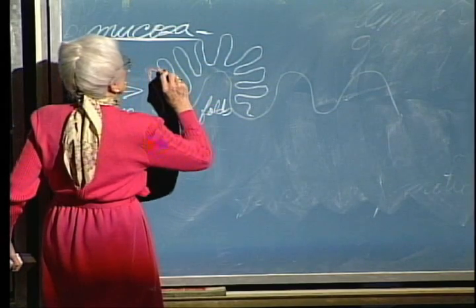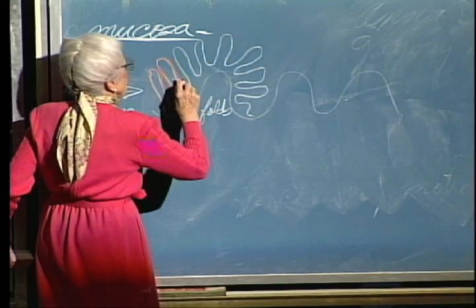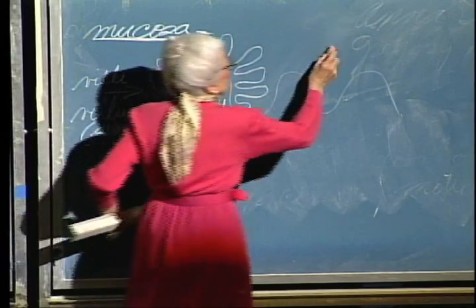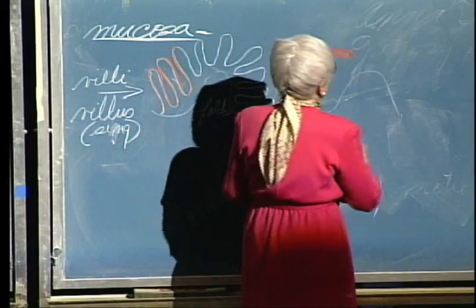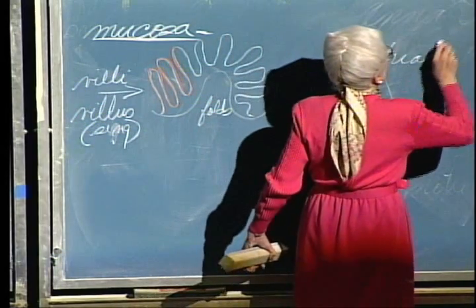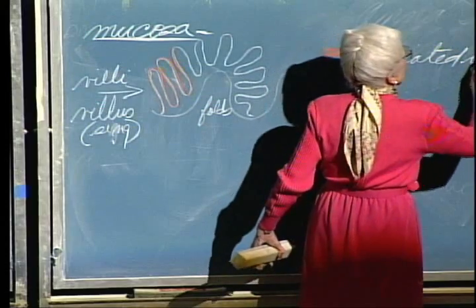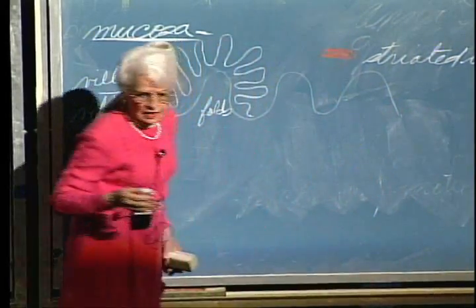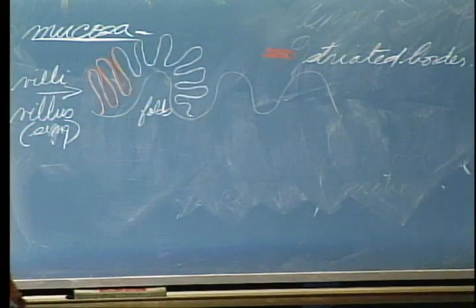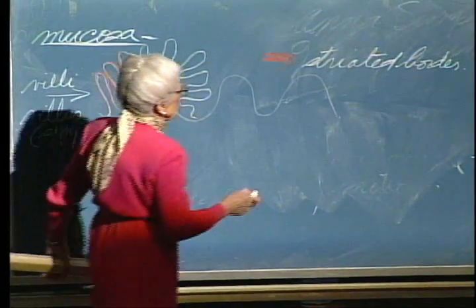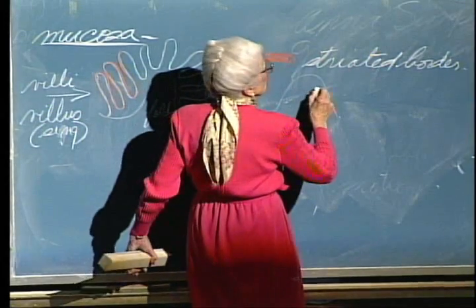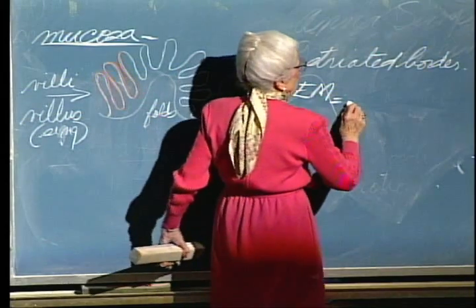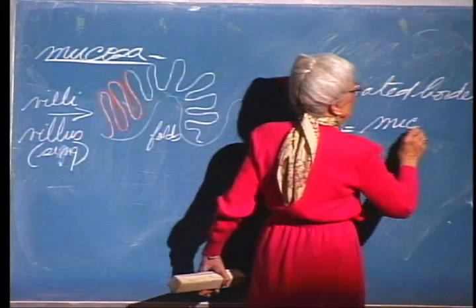Just do a little striated border here. Which really, with the electron microscope, turned out to be microvilli, increasing the surface area more, with an EM for electron microscopy. These will be microvilli.